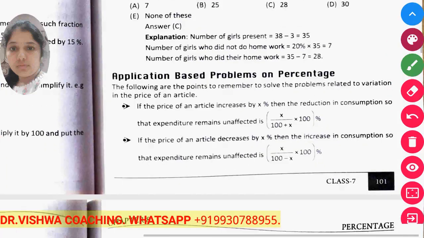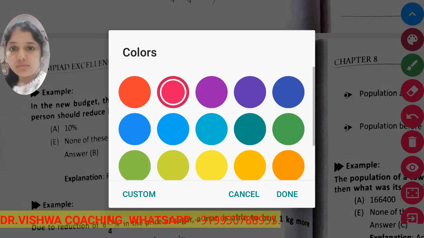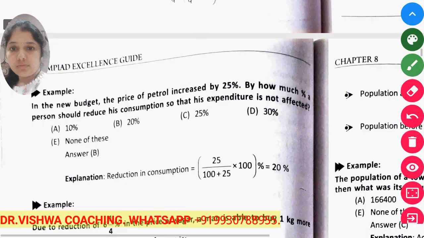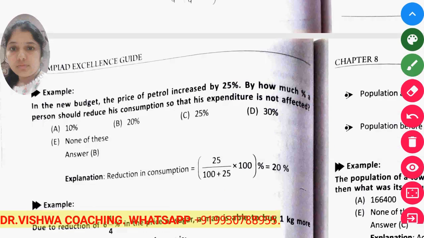Now see, here a problem is given based on those formulas. In the new budget, the price of petrol is increased by 25%. By how much percent should the person reduce the consumption so that expenditure is not affected? So he has to spend only a certain amount for petrol filling, though the price is increased.